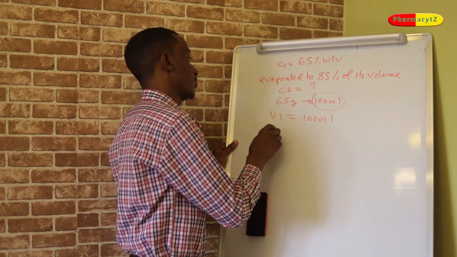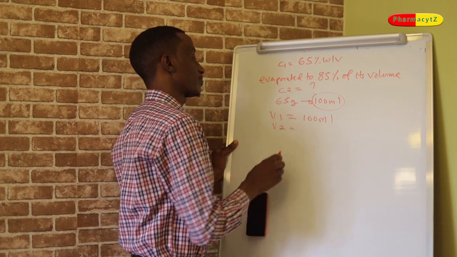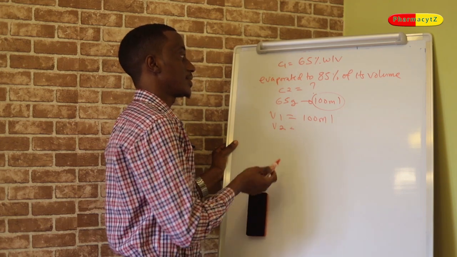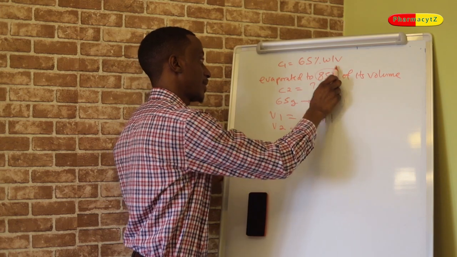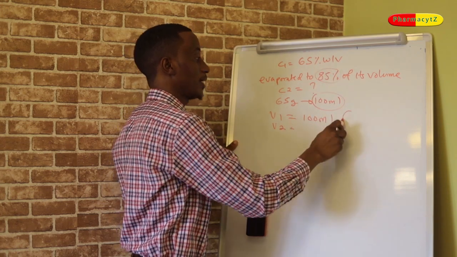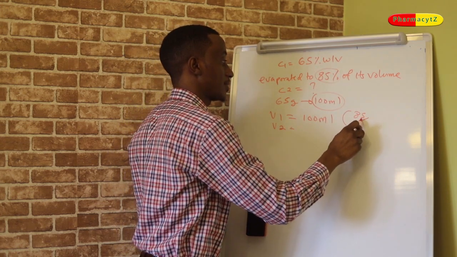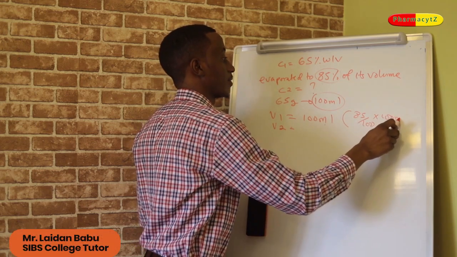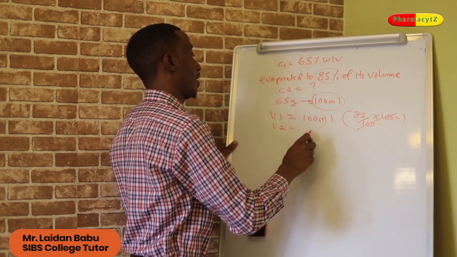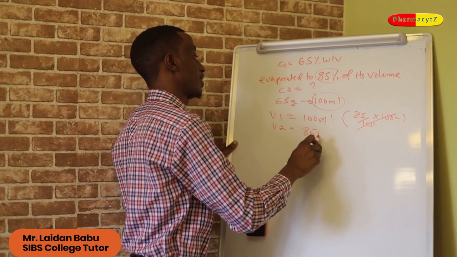Okay, then what about volume 2? The question says it was evaporated to 85% of its volume, which means volume 2 here will be 85 mils.